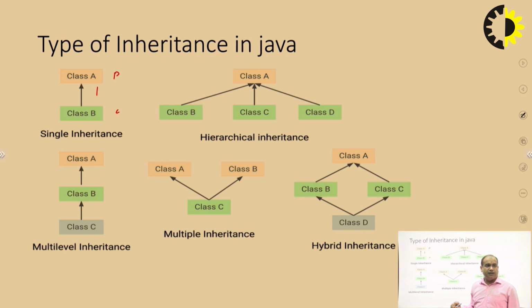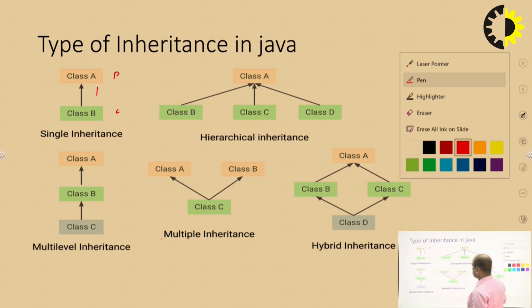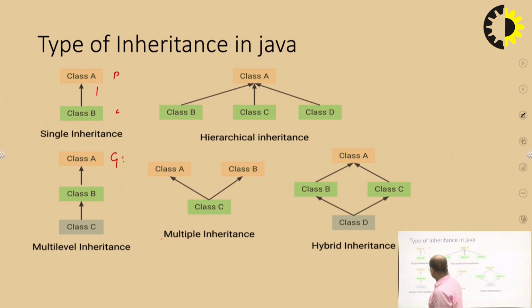Second is multi-level inheritance. Here that is my grandparent class, which is inherited by the parent class, and the next level is the child class.